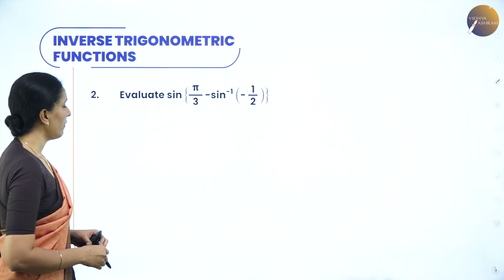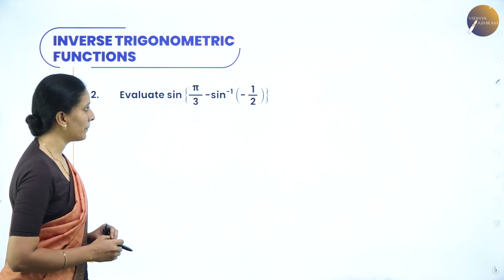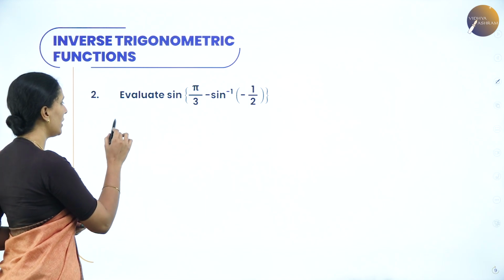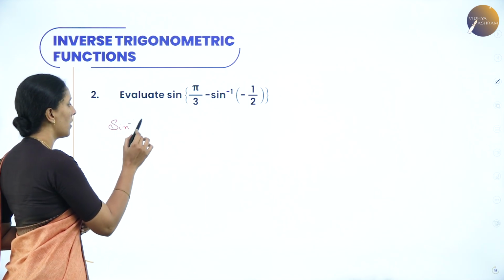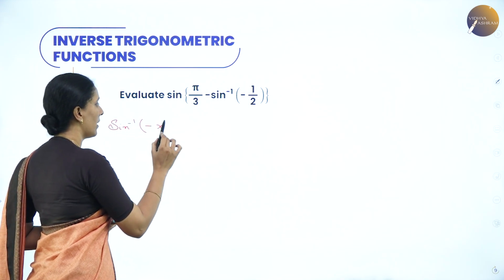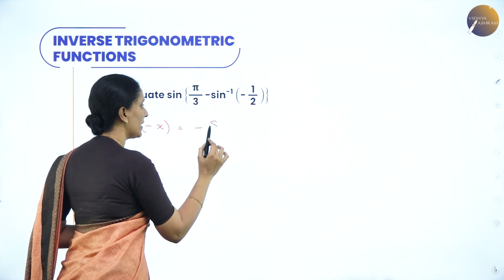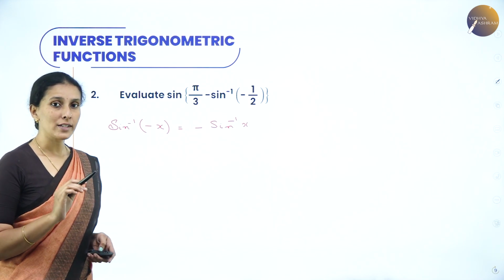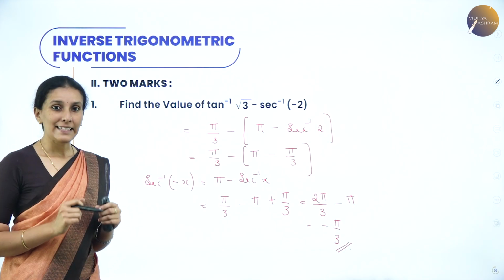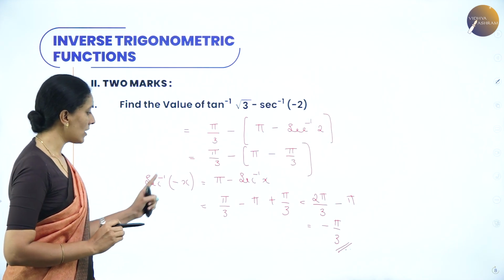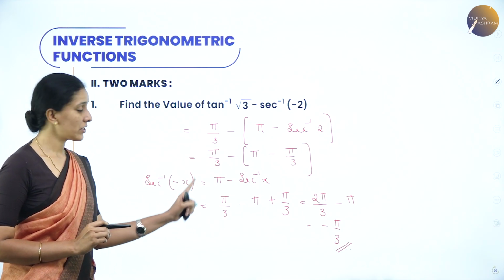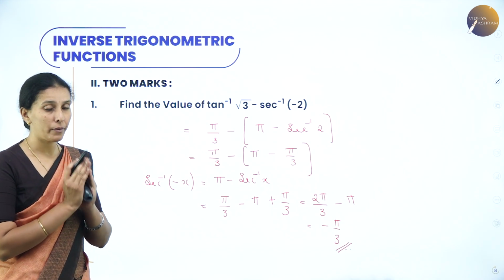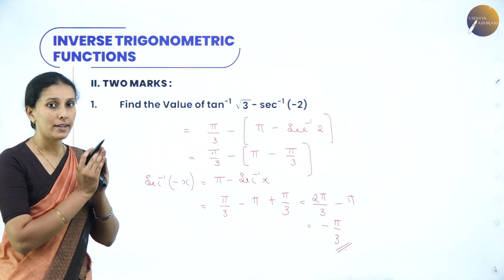Next, evaluate sine of pi by 3 minus sine inverse of minus half. We know that sine inverse of minus x can be written as minus sine inverse x. Other than cos and secant, like secant inverse of minus x and cos inverse of minus x can be written as pi minus secant inverse x, because the principal value branch is between 0 to pi.